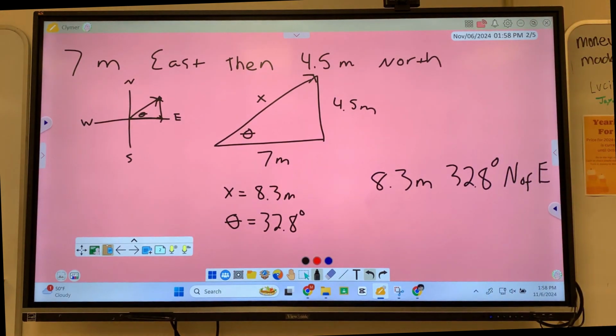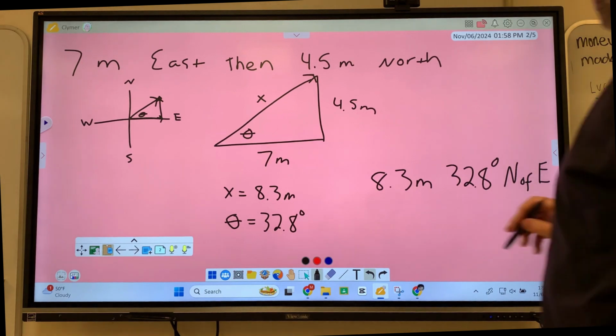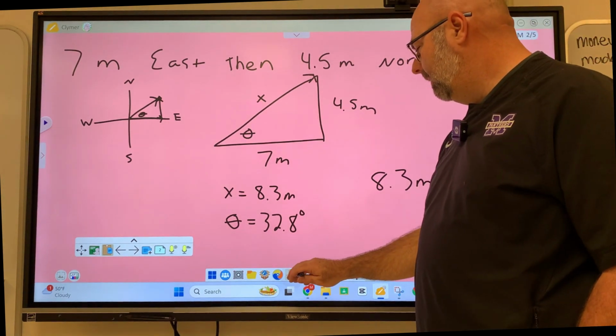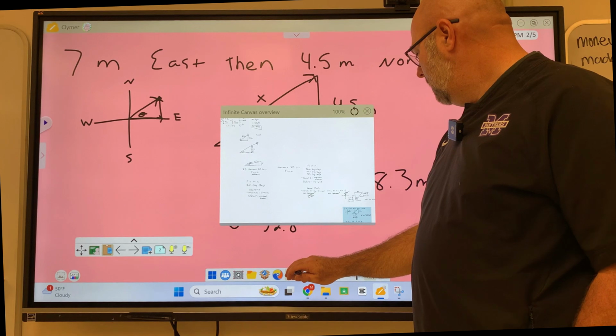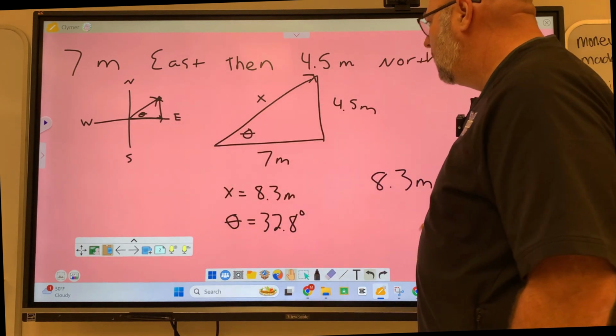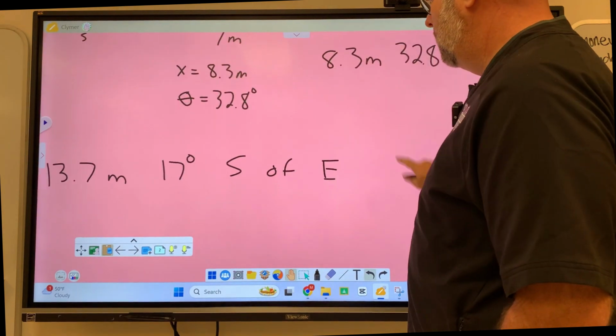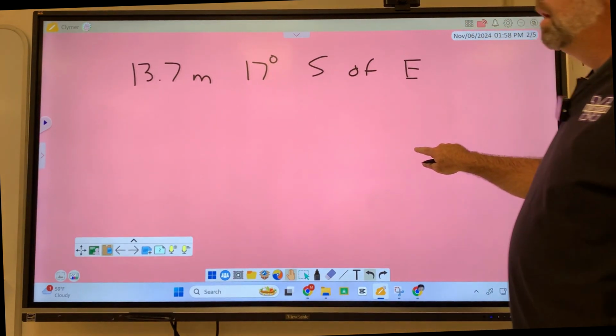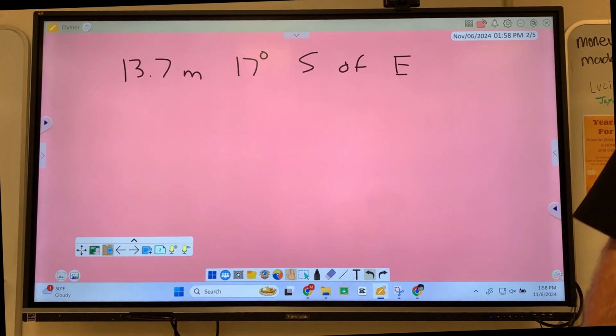Does everybody see how we got to this place? All right, let's make it really hard. Tell me the two-step journey to get to this destination vector.